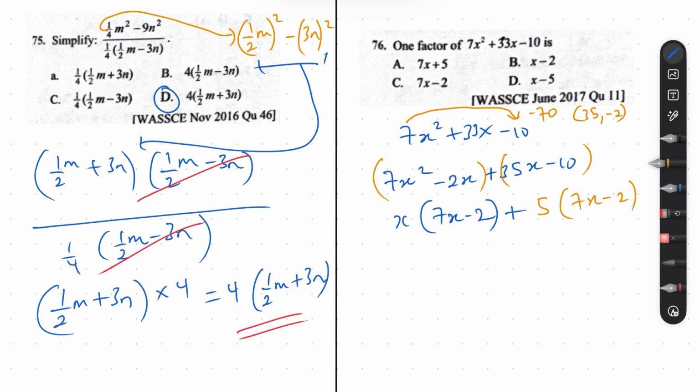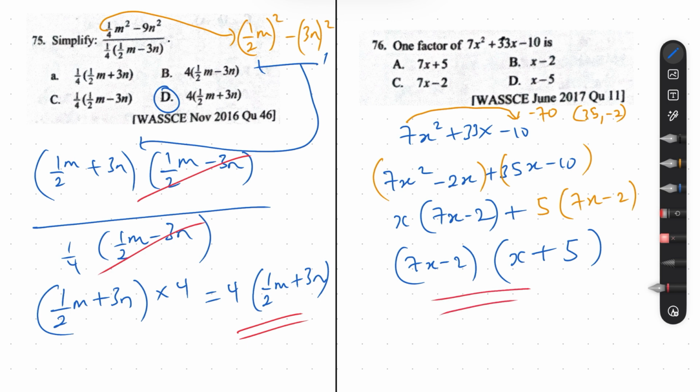Now we have two terms, and 7x minus 2 is common, so we factor that out. When we factor from here, you have x left, and when we factor from here, we have 5 left. So this is our answer.